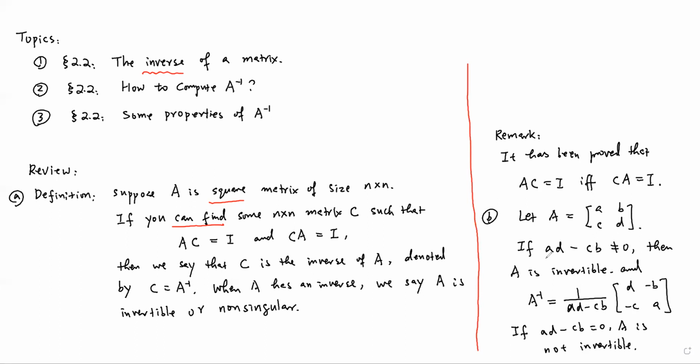We usually give a name to this number: the determinant of matrix A. This number determines if matrix A is invertible. This is a review of some key points from the last class. Remember the definition.